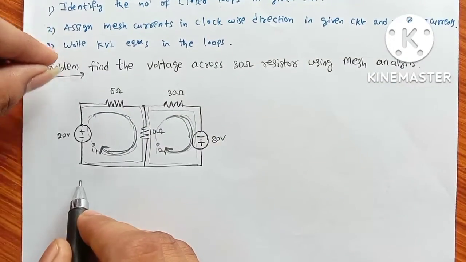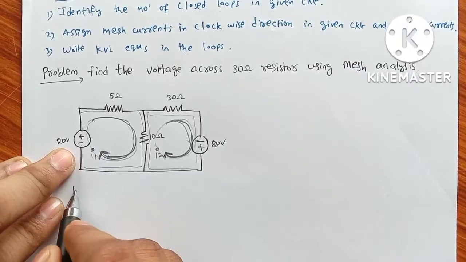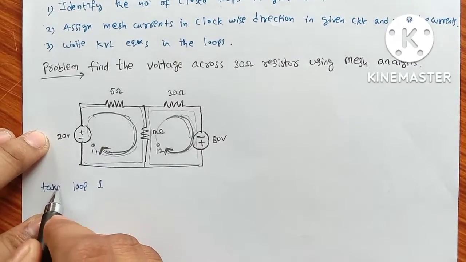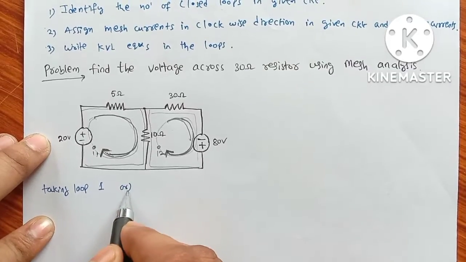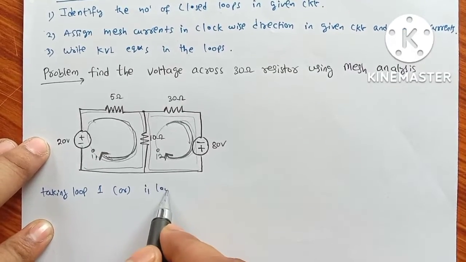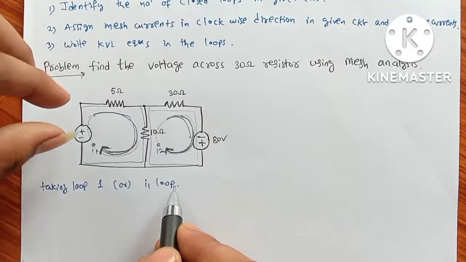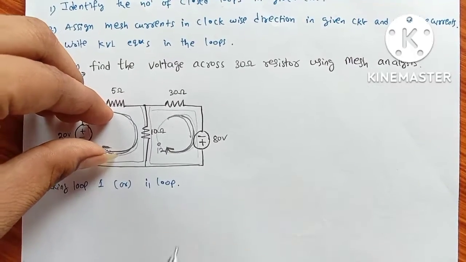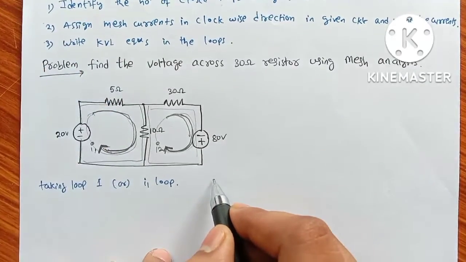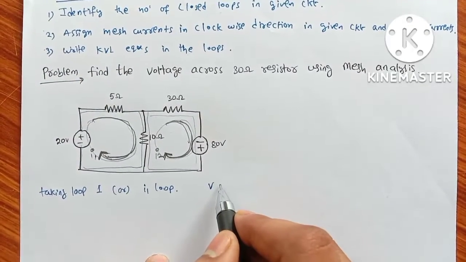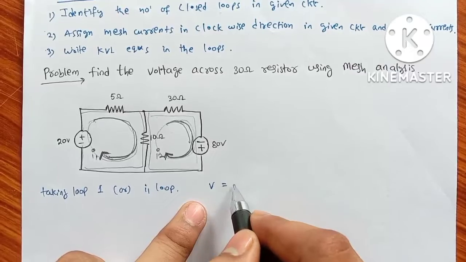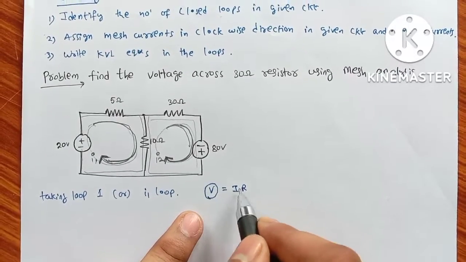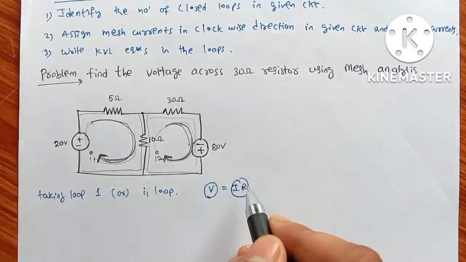Taking loop 1, or the I1 loop, what are the various factors affecting the loop? Here we should write only in terms of V or IR.